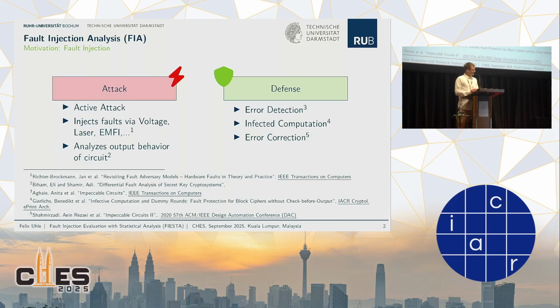We can defend against such adversaries on an algorithmic level using error detection, infective computation, which is a form of error detection where the output of the circuit is randomized when an error is detected, or via error correction. All of these countermeasures are on an algorithmic level, so they work independently of the chosen physical attack vector.